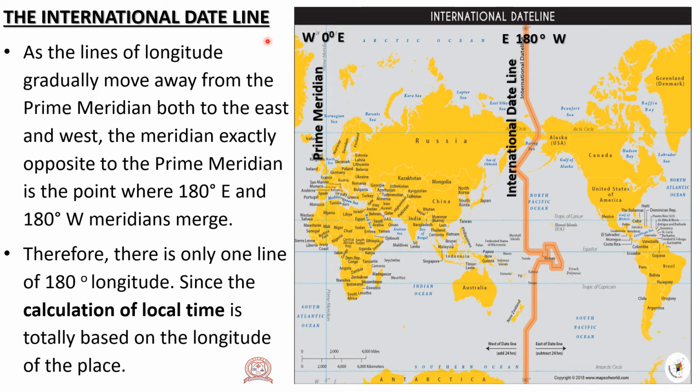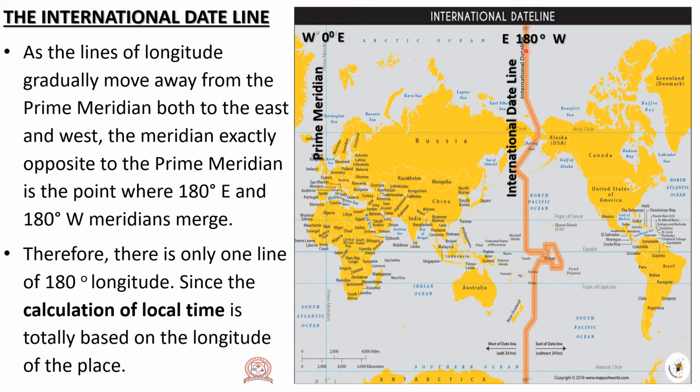Next one is the International Date Line. As the lines of longitude gradually move away from the prime meridian both to the east and the west, the meridian exactly opposite to the prime meridian is the point where the 180 degree east and 180 degree west meridians merge.